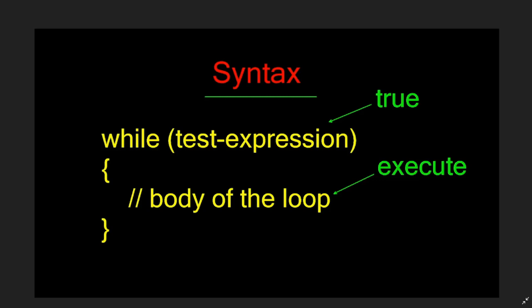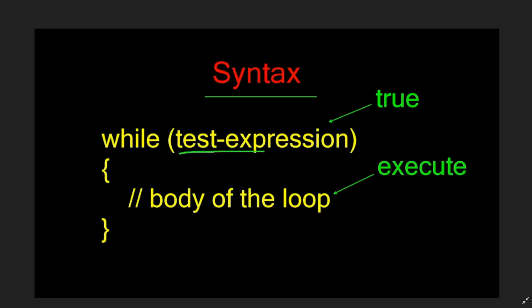First it is checked if the expression is true or not, and then by the return value, the block of code will be executed if true, and else the block of code won't be executed. But the important thing is that first the test expression is checked, and the code is executed right after that.